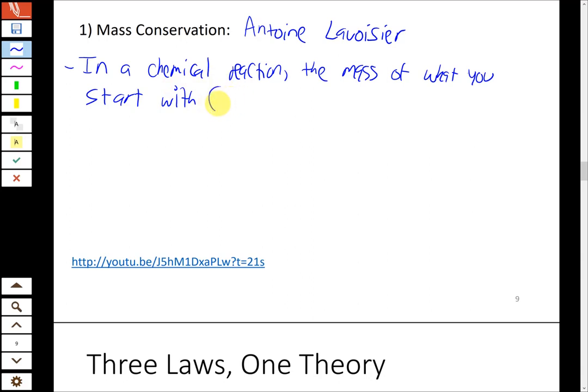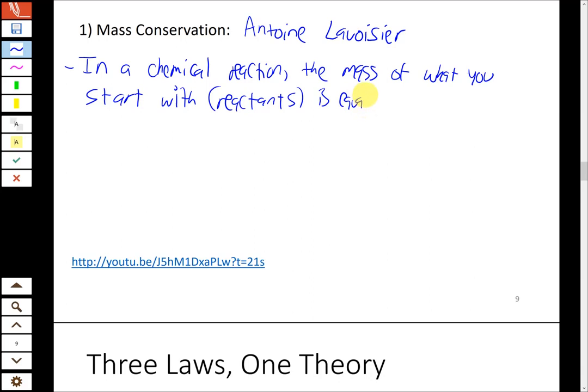Again, we're going to get into chemical reactions a lot more in a few chapters, but the things that you start with are called the reactants. So the two individual colorless solutions that the guy had in the video are called reactants. And that mass will be equal to what forms during the reaction.